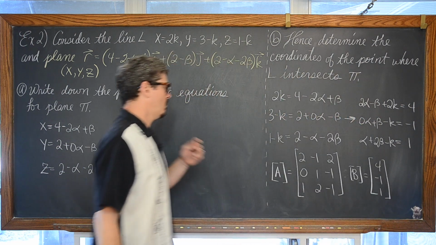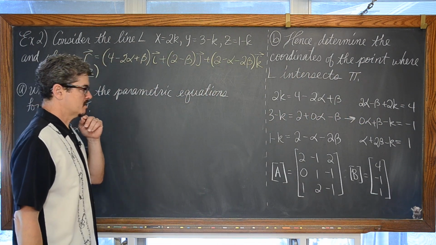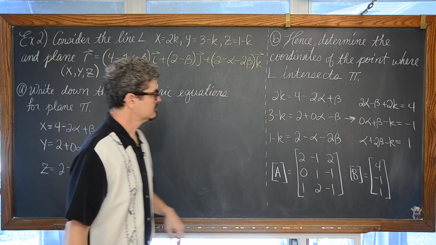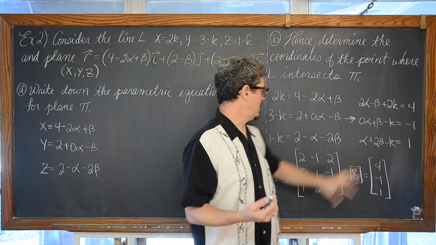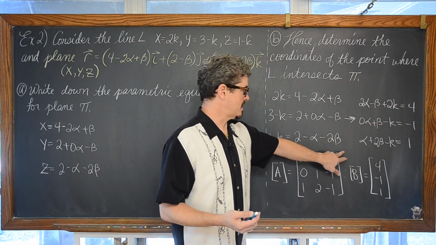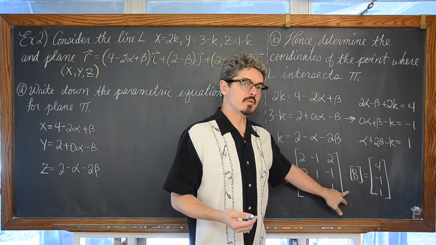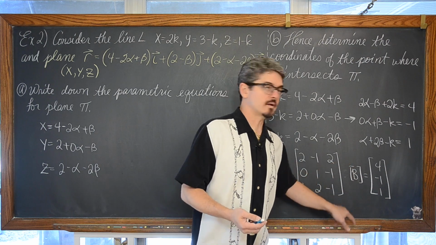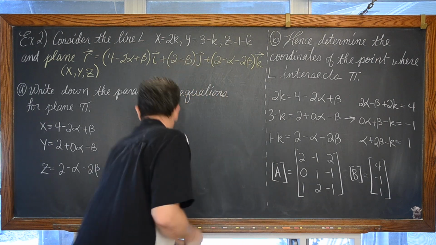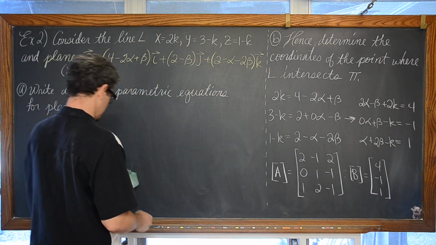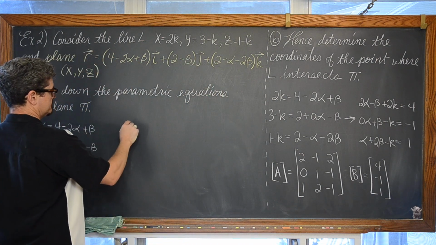Now, what we have here is that I can write this left side of this 3x3 system as this matrix times another 3x1 matrix of, I was going to say x, y, and z, but alpha, beta, and k.